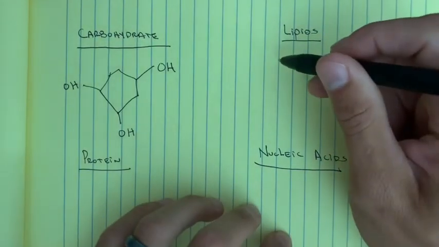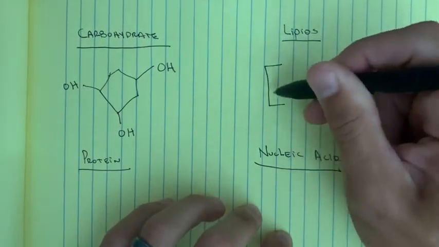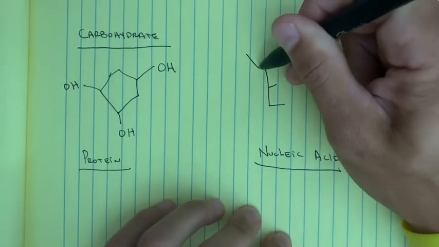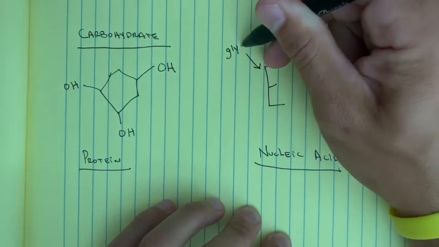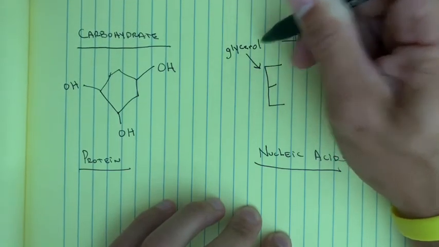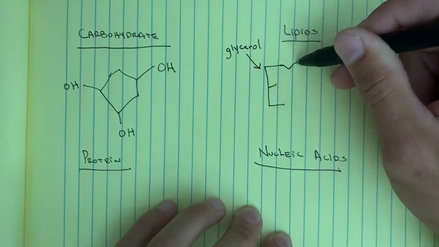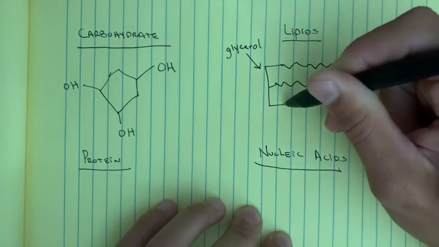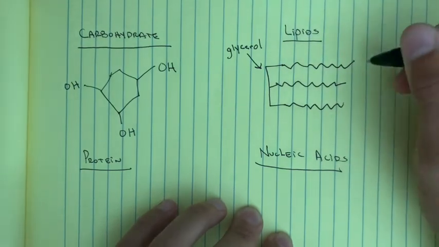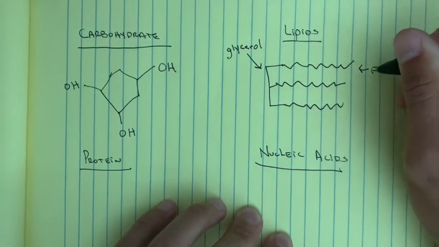A lipid looks like this. Okay, this solid line right here is the glycerol. And it has these little squiggly lines coming off of it. And these squiggly lines are called the fatty acid.